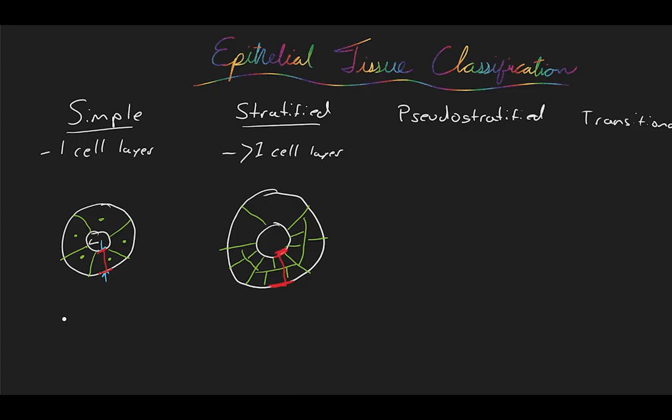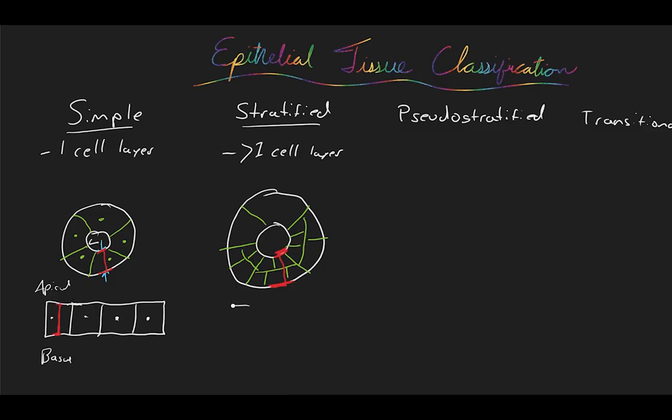So the other way that we can draw this is if we say, okay, here is our epithelium in sort of a longitudinal or a lateral section, right? And we draw some cells like so, and I say that this is my basal side, this is my apical side. I go through one cell, and that's my simple.